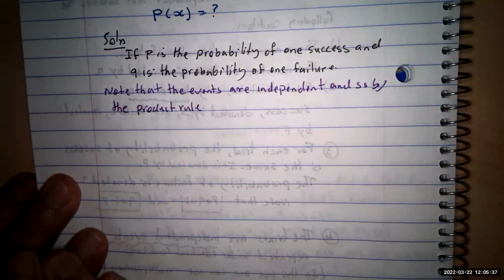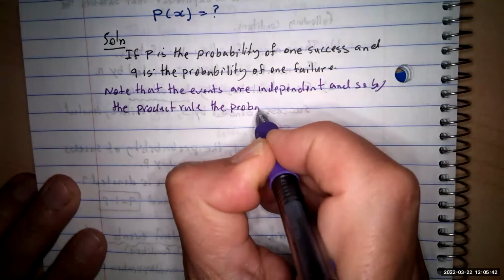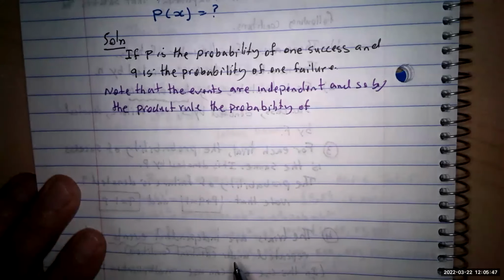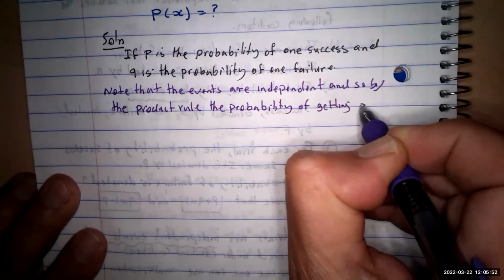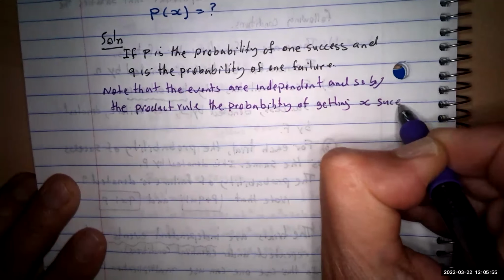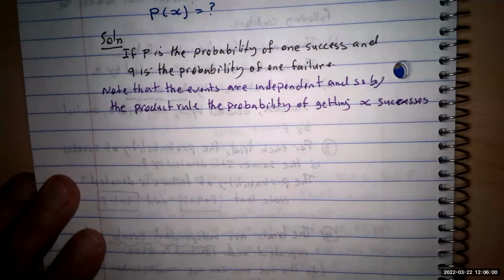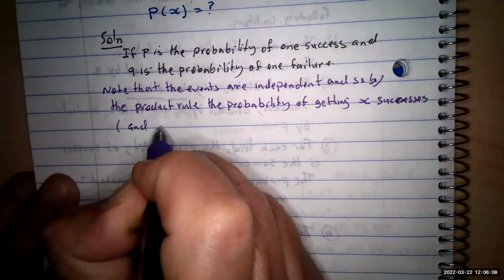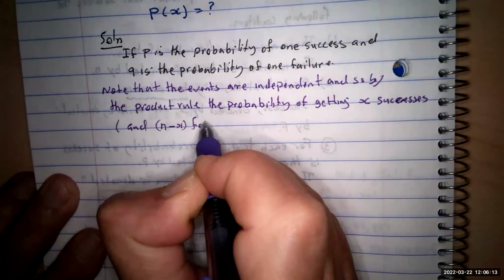what we are going to do, the probability of getting X successes, and at the same time, the leftover, N minus X failures, because there are two possibilities.